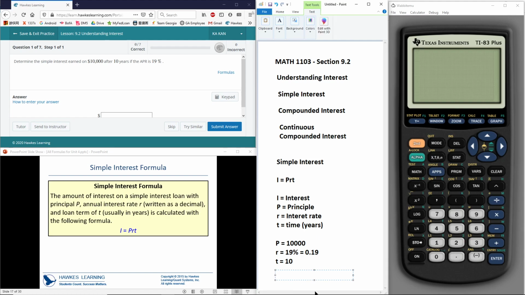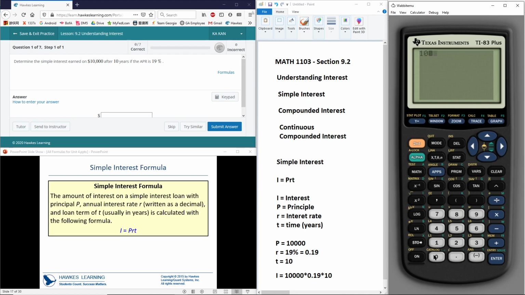So now let's see. The interest is equal to principal, which is 10,000, times 0.19, then times 10. And again, I'm going to use my calculator here. So it's 10,000 times 0.19 times 10.